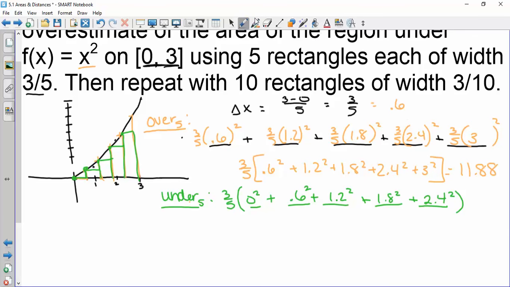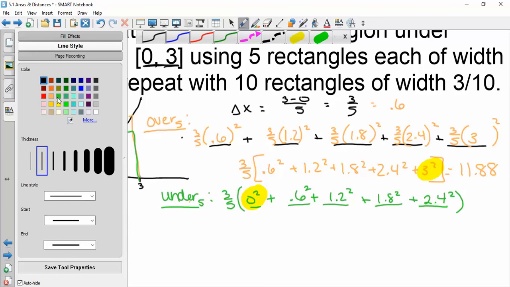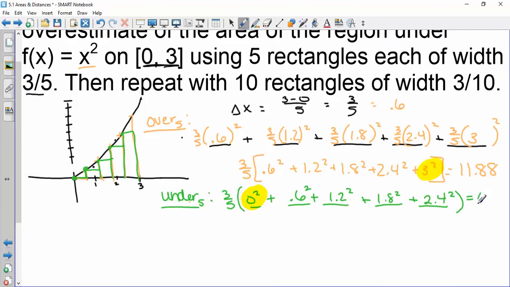Which point? The first one, my over, had a 3 squared. This one has a 0 squared. The first and last points. Otherwise, everything else is the same. So if you just typed in the first one, you could just hit second enter and bring it back up. And instead of a 3 squared, we need a 0 squared. And this one gives me a 6.48.